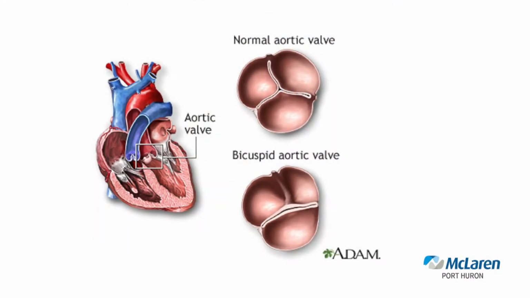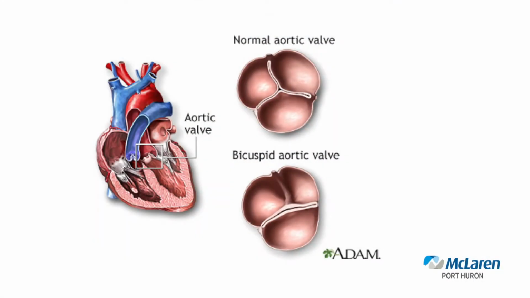Does the actual structure of the aortic valve change then in people that are born with bicuspid disease? Yeah, so normally there are three cusps or three moving parts to an aortic valve. The most common problem that a baby can be born with that affects the heart is a bicuspid aortic valve.